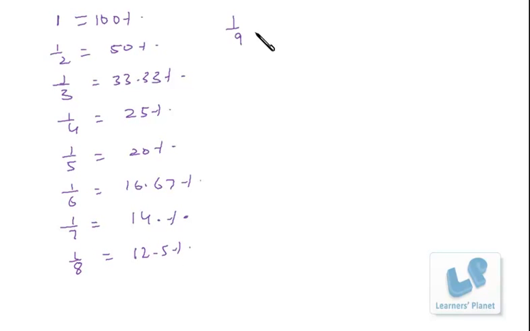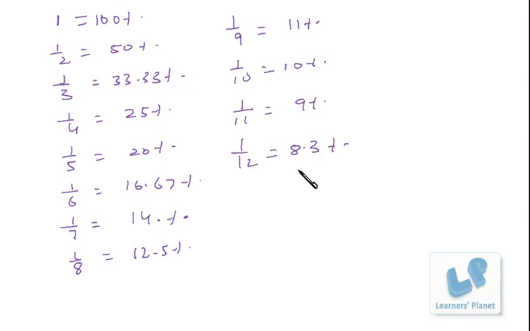Then 1 by 9 is 11% around, 1 by 10 is 10%, 1 by 11 is around 9%, 1 by 12 is 8.3%, 1 by 13 is around 7.6%. That up to 1 by 20 you should be knowing, right?